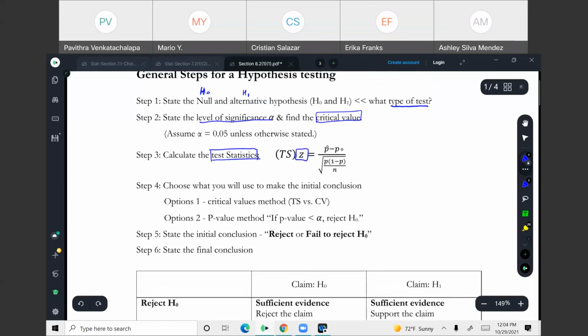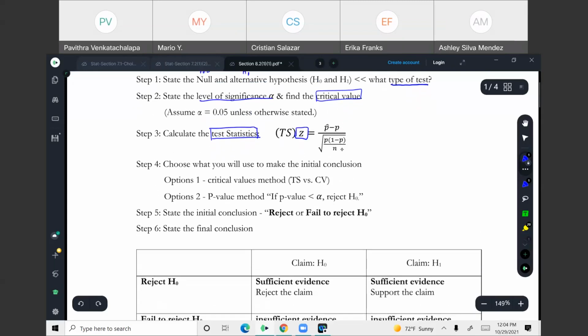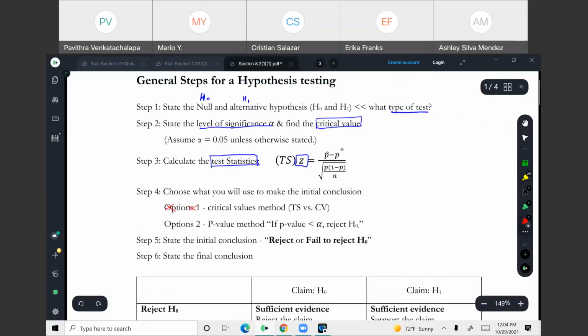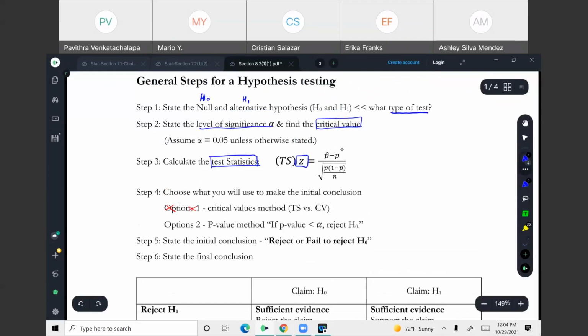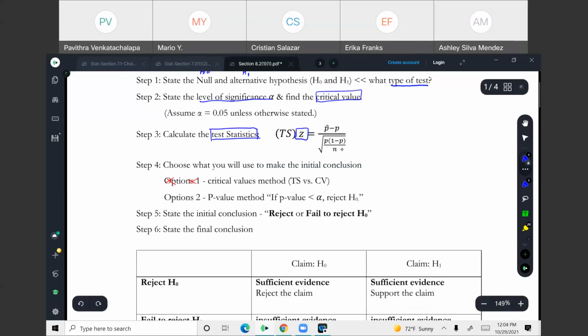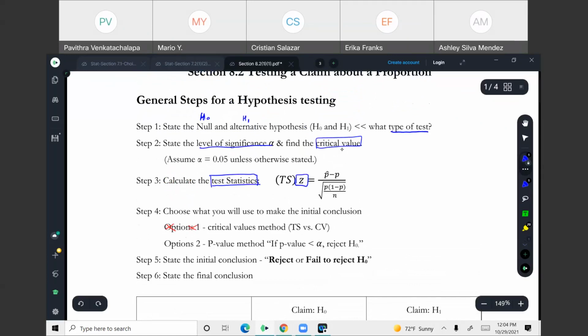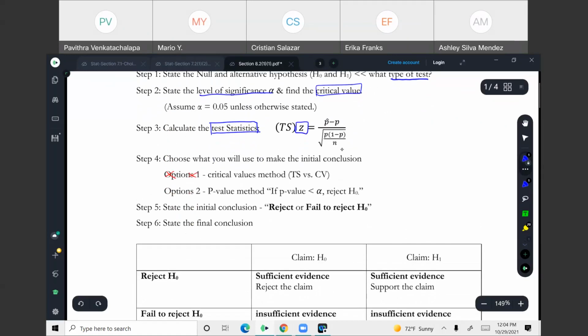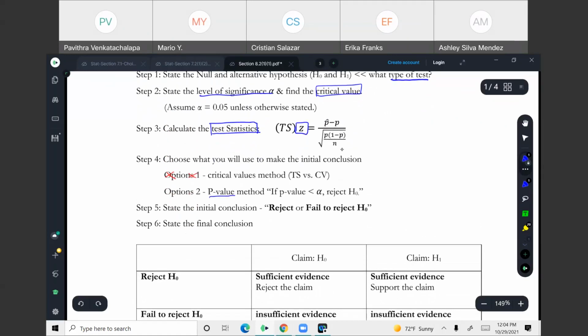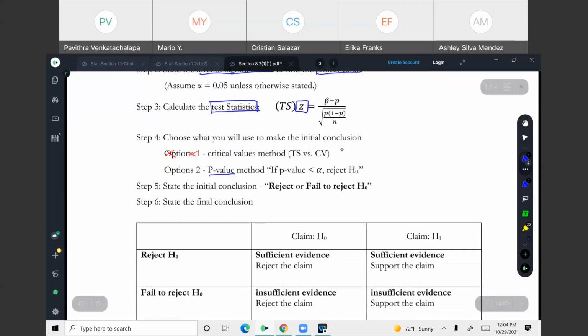After this, you will have two options. Let's not go into option one. We will focus more on the p-value this time. So once you calculate the critical value and the statistic, you will find the p-value using the p-value method, and you will compare the p-value with alpha.